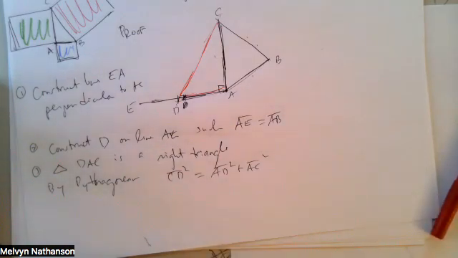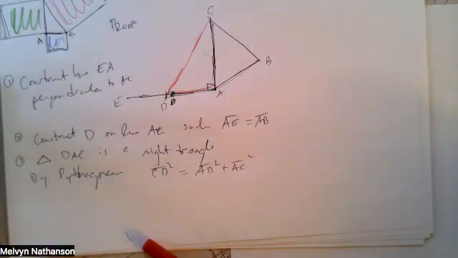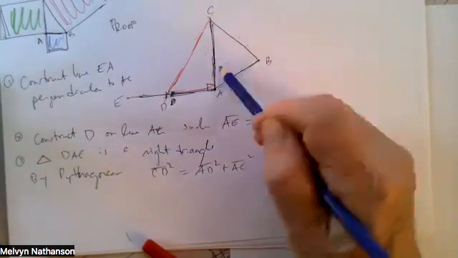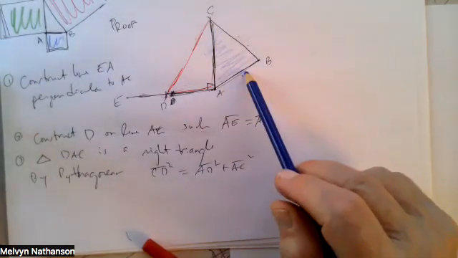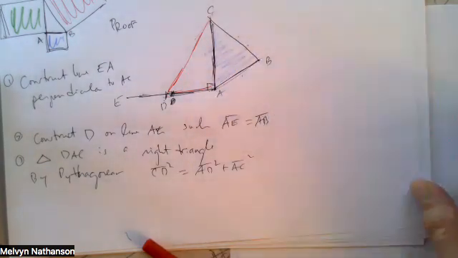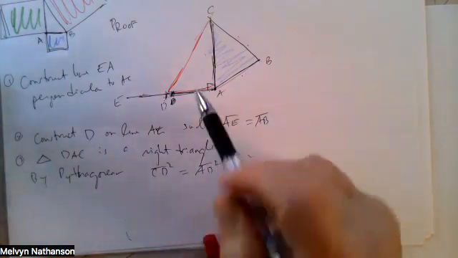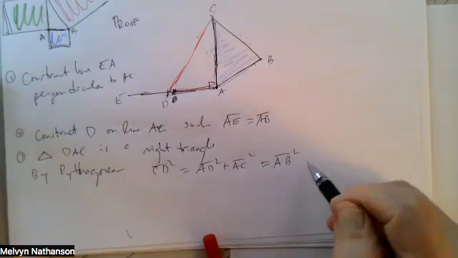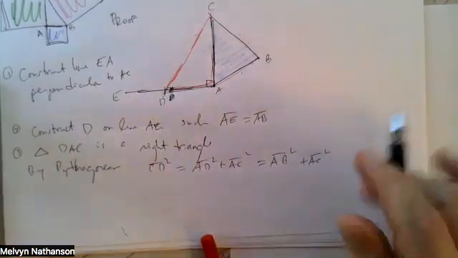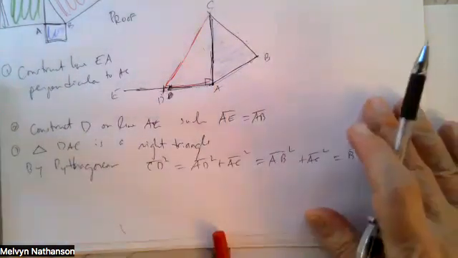On the other hand, our hypothesis from which we started is that for this triangle, that's the triangle we started with, AB squared plus AC squared equals BC squared. So AD squared, AD is the same as AB, so this is the same as AB squared plus AC squared, and that's equal to BC squared. That was our hypothesis.